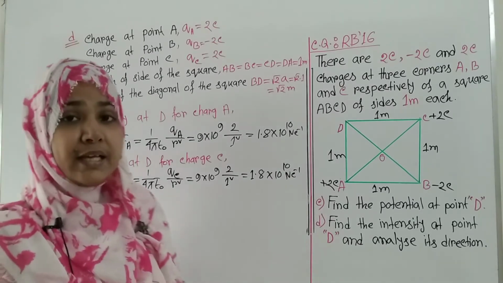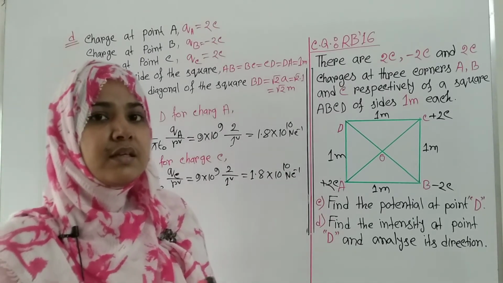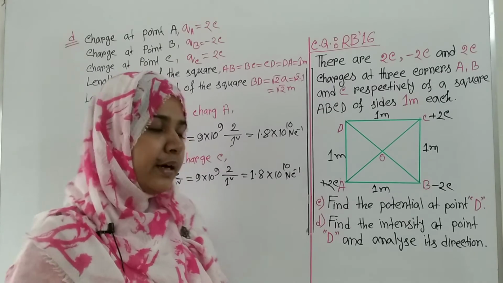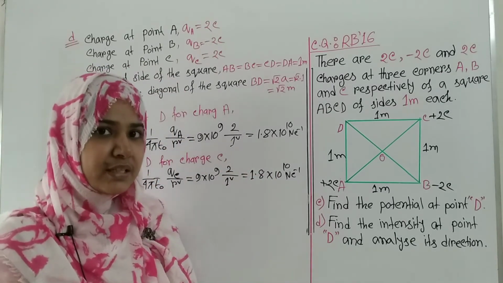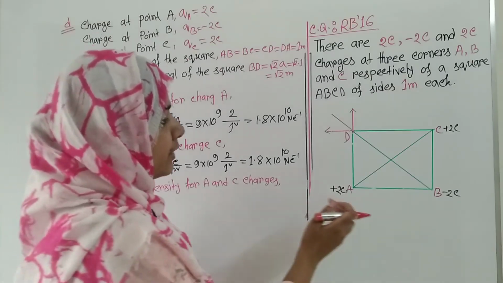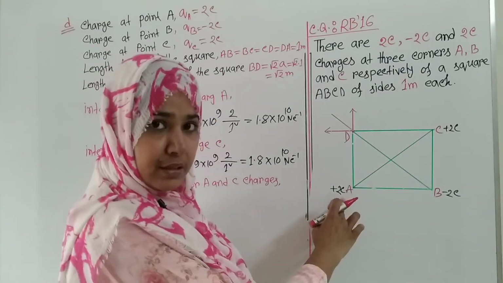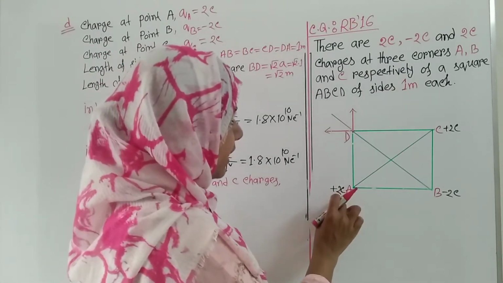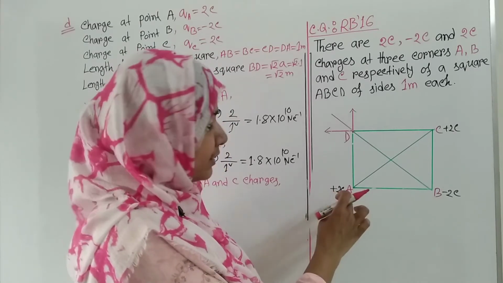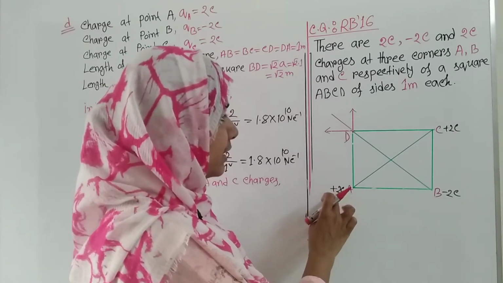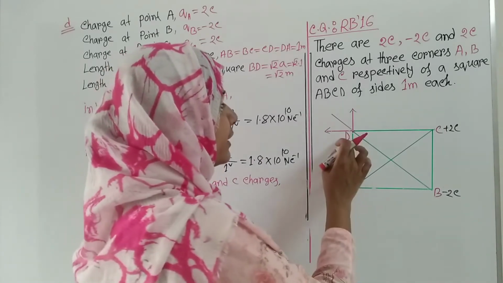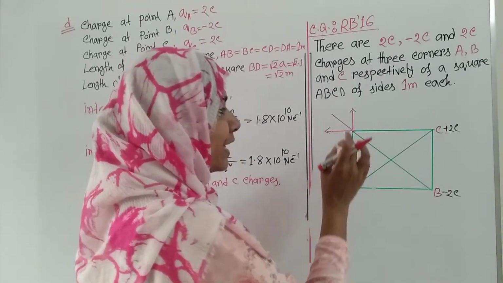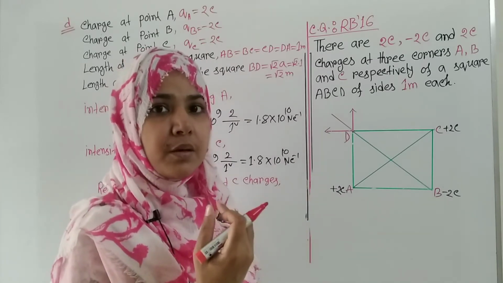Now students, as you know, electric intensity is a vector quantity. Here I am just calculating the magnitude. Now if we consider the direction, then you can see that at point A the charge is positive, that is, plus 2 coulomb charge is present, and you know that where we are calculating the intensity, that means at point D, plus 1 coulomb charge is present.